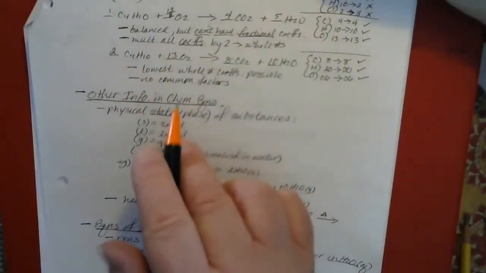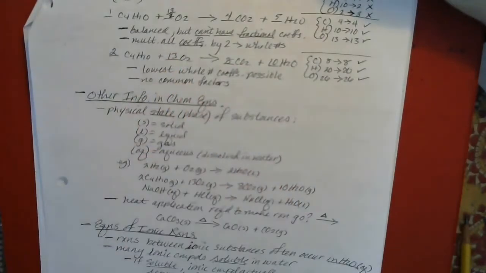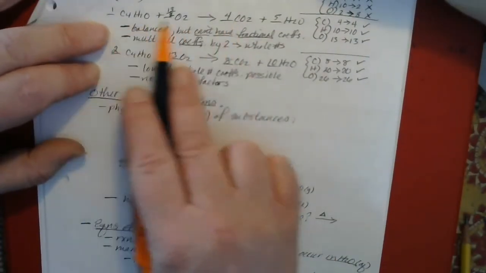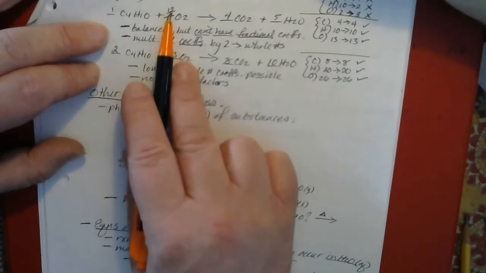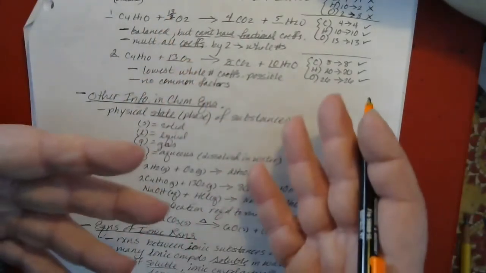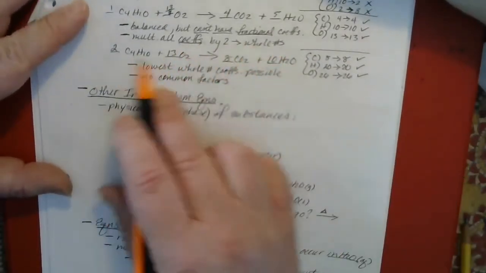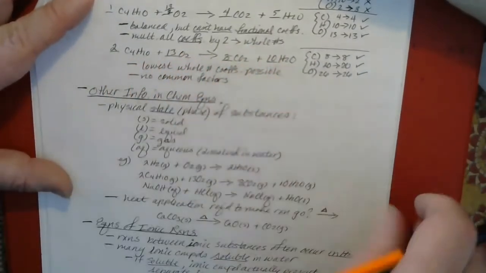And I have the steps, well, some of the steps here. The one where we end up with the fraction. Everything balances when you have the fractional coefficient, but that's normally not acceptable for your final version of the equation. So that's why we multiply all the coefficients by 2 to get whole numbers.